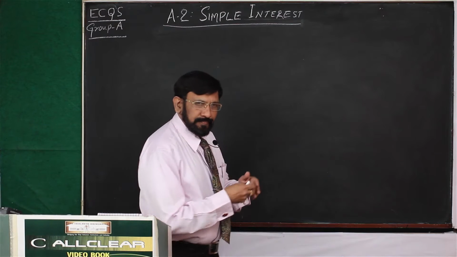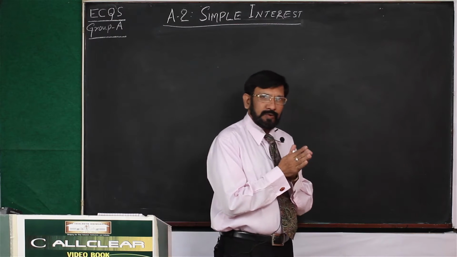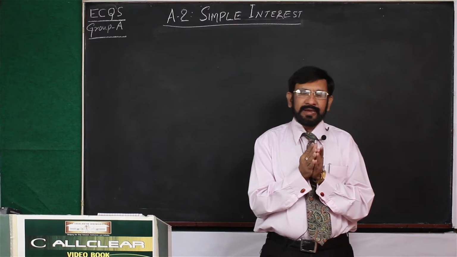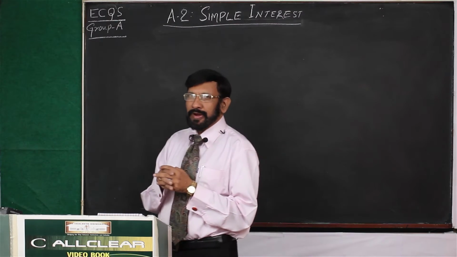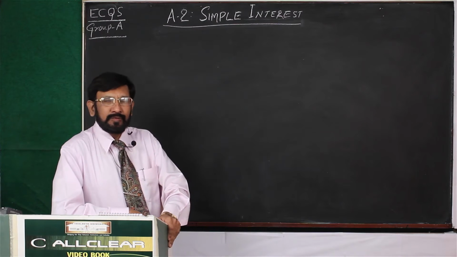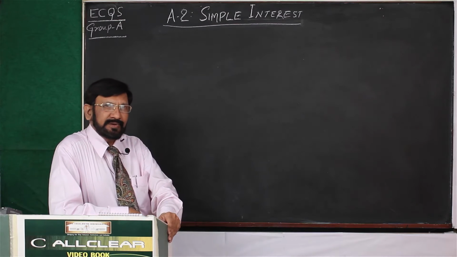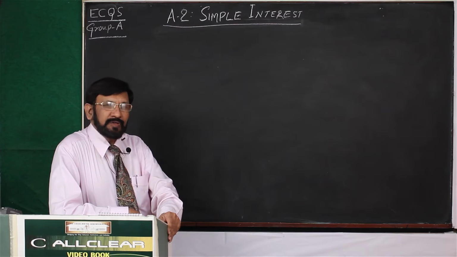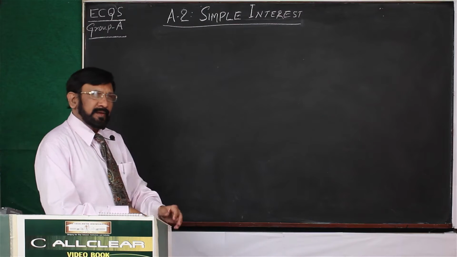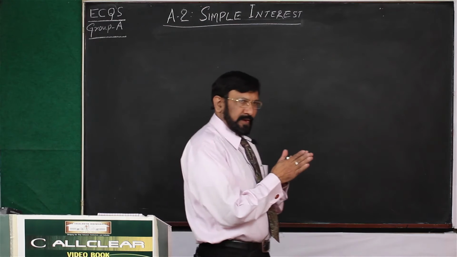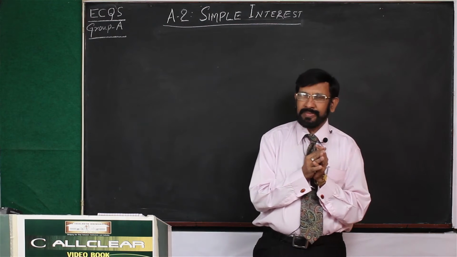If you provide your house to a tenant, you get the consideration by way of rent. If you provide your money to somebody for consideration, the name of the consideration is interest. So, depending on the nature of the service, the name of the consideration is changed.